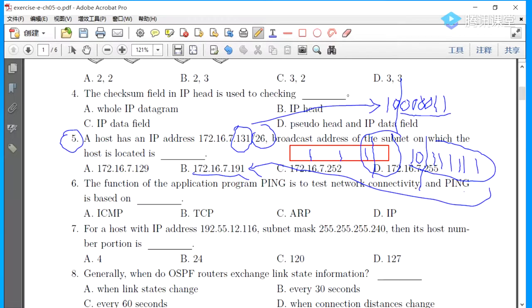I hope everybody understands how to solve this kind of question, like question 5.